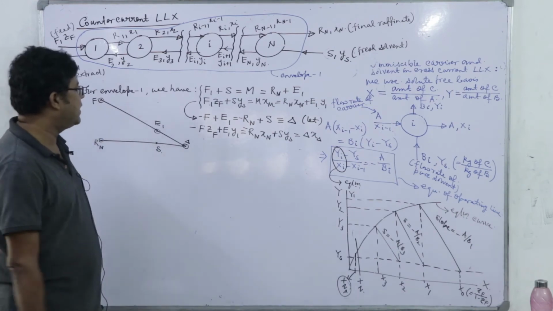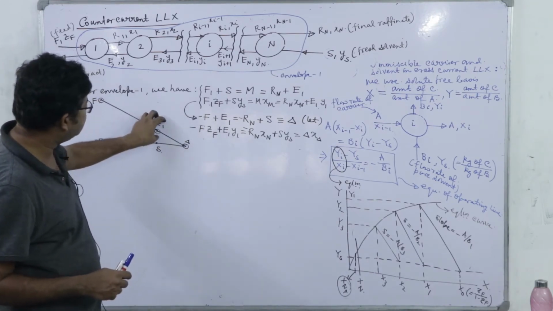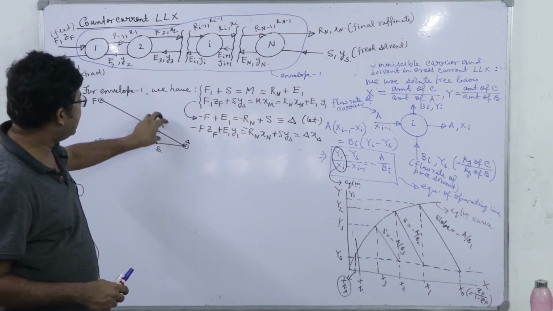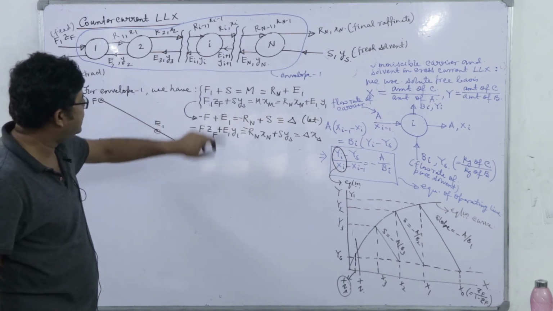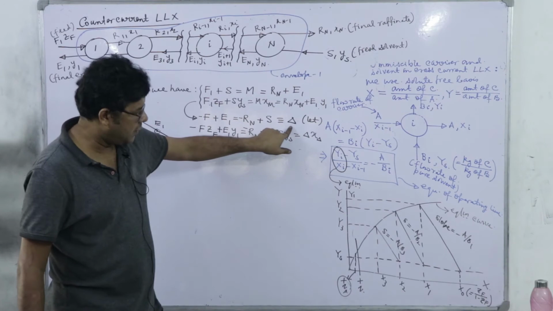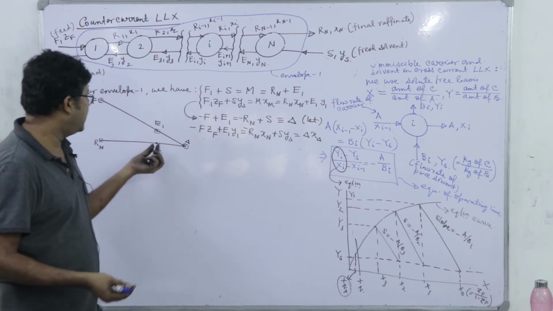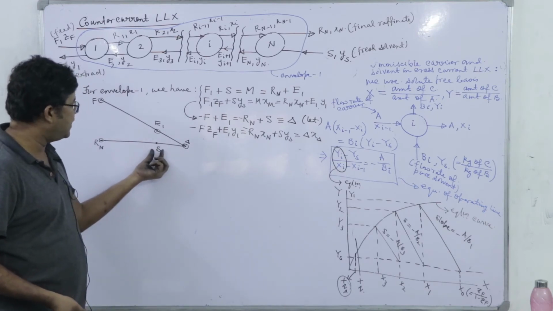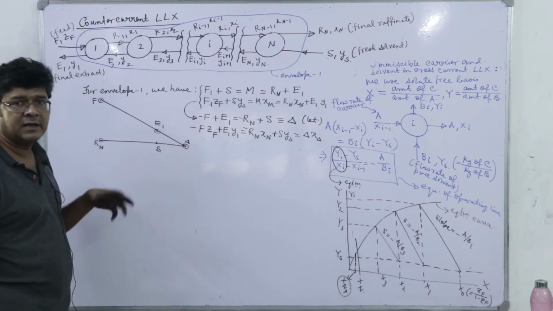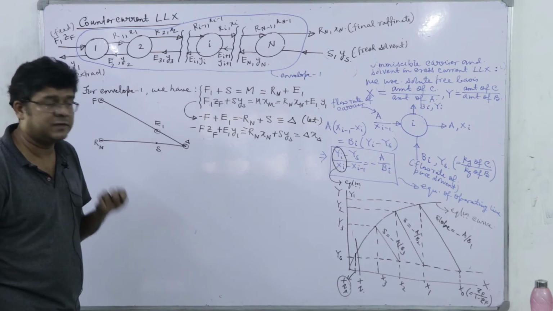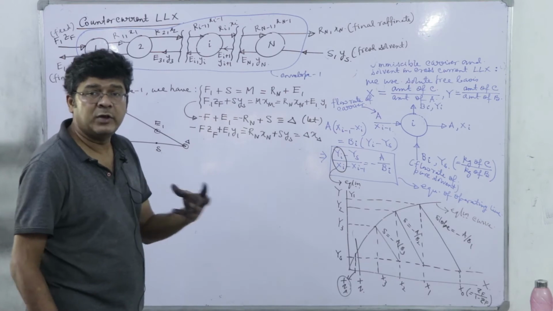So, alternatively we can say, what is the significance of these delta points? Now, we have a solution at E1, right, and from there if I abstract a solution of amount F and composition ZF, I will get a solution of amount delta and composition X delta, and same is true for S. From the solution S of amount S and composition Ys, if I abstract a solution of amount Rn and composition Xn, I will again get the same solution marked by the delta point with an amount delta.